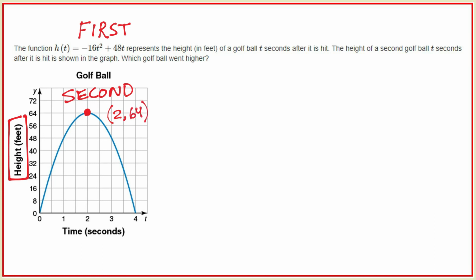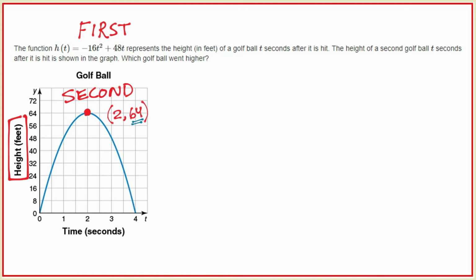So the height of the second golf ball is 64 feet. So now if we take the first equation, and we don't even need to graph it, if we could just find its vertex and look at its y-coordinate, we'll know what the graph of that first golf ball would look like, and we can tell if it's higher than the second graph or not as high as the second graph.